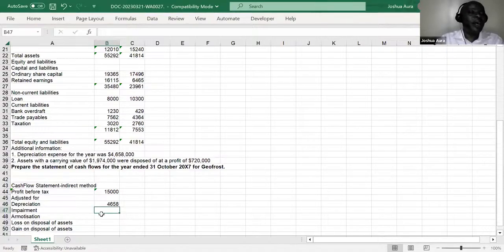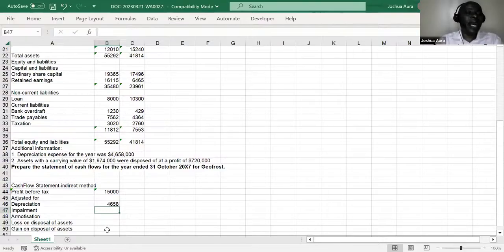Amortization, nowhere. Loss on disposal of assets, nowhere. Then we have gain on disposal of assets. You can see here, assets with a carrying value of 1974,000 were disposed of at a profit of 720, because the figures are in thousands.